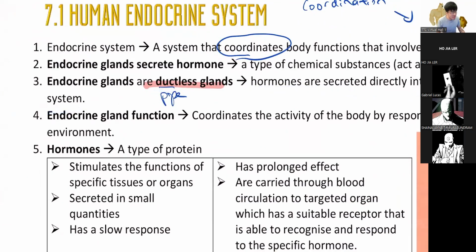So if you're a guy, you have balls, I hope. Your balls will produce testosterone, that male hormone. That male hormone inside your blood will travel around your body, and when they see specific tissues and cells that they like, they will target them.